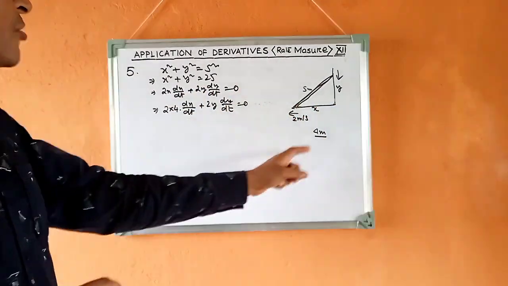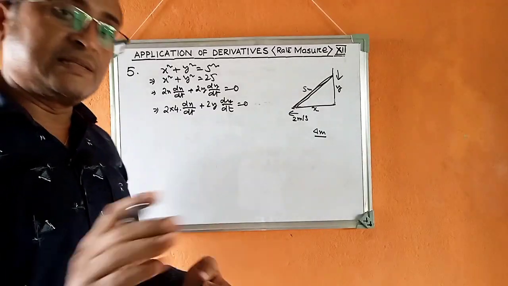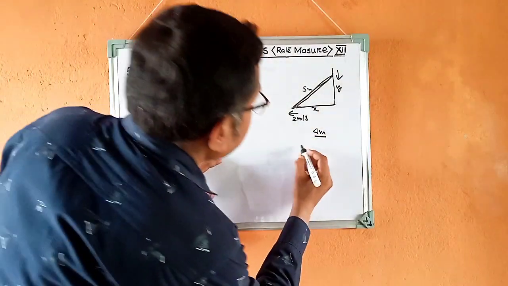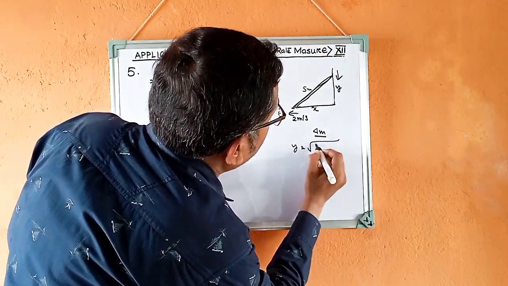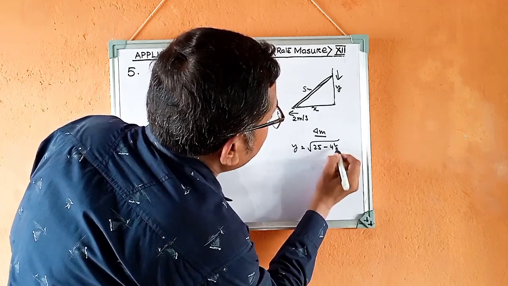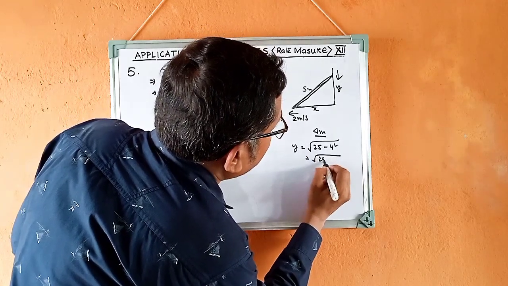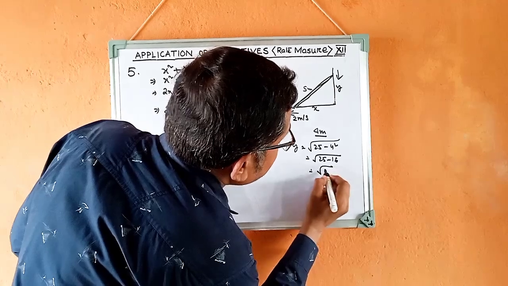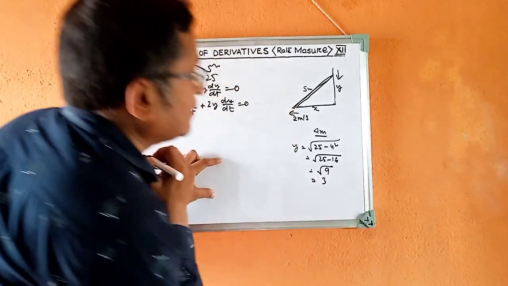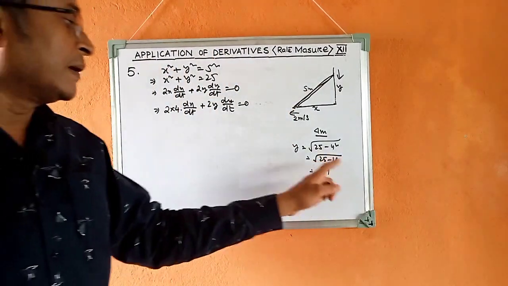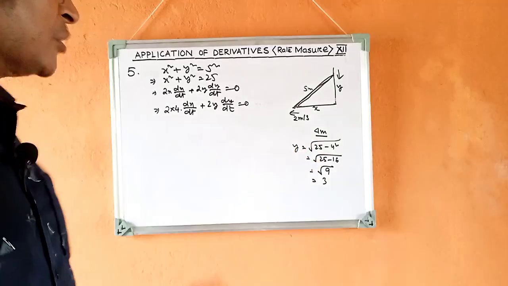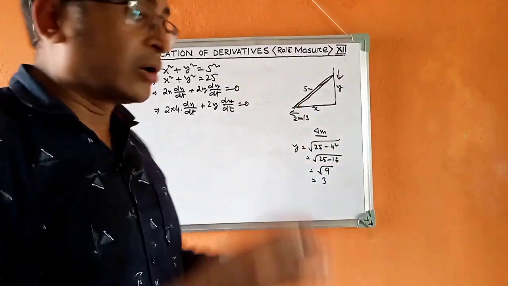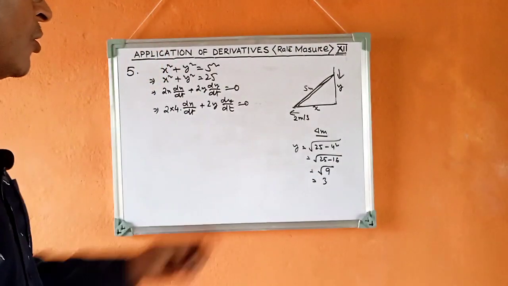When x equal to 4, which is given in the question, how to find y? y equal to root of 25 minus 4 square. So 25 minus 16, that is 9, root is 3. We take the positive root because length or distance is always positive. So y equal to 3.